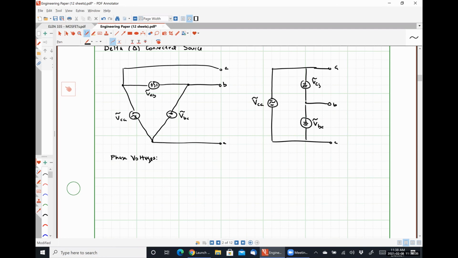I'm just trying to reinforce what the definition of a phase voltage is versus a line voltage, because this is where the confusion arises from, and why students typically do pretty poorly in this section. So go back up to your definition of a phase voltage and read it aloud to me, somebody. Yeah, so our phase voltages will be VAB, VBC, and VCA.